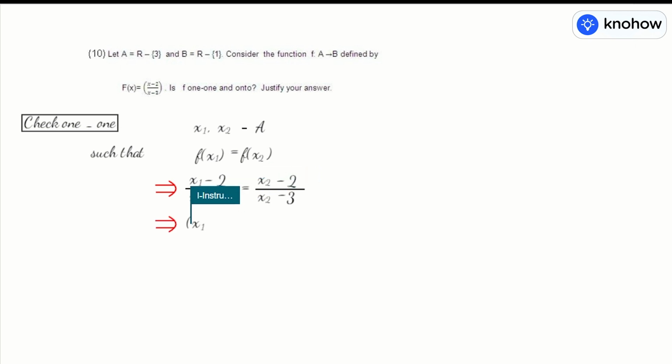simplify. So you cross multiply: (x1 minus 2) into (x2 minus 3) equal to (x1 minus 3) into (x2 minus 2). Work it out.